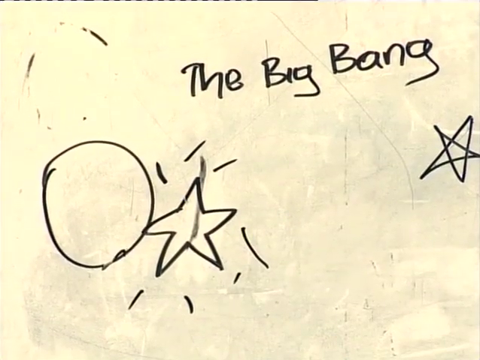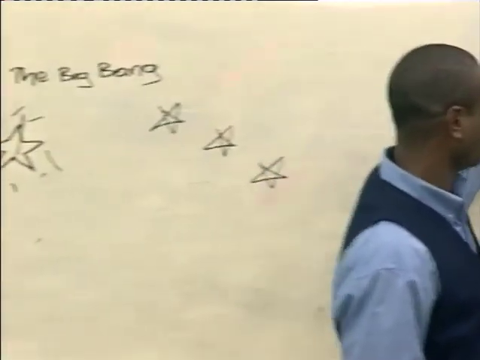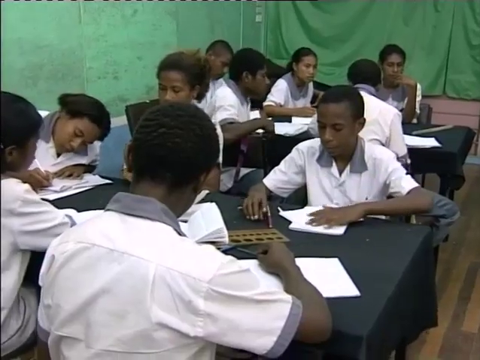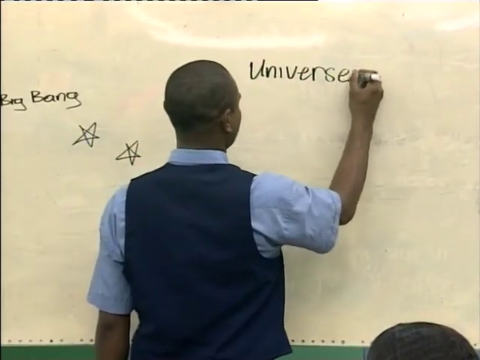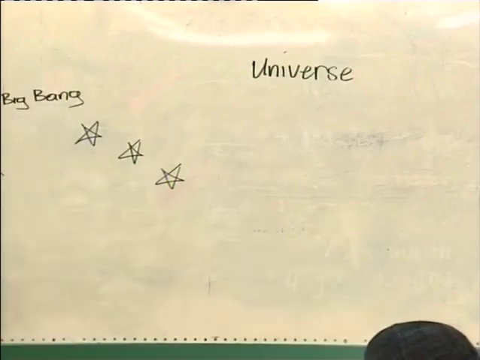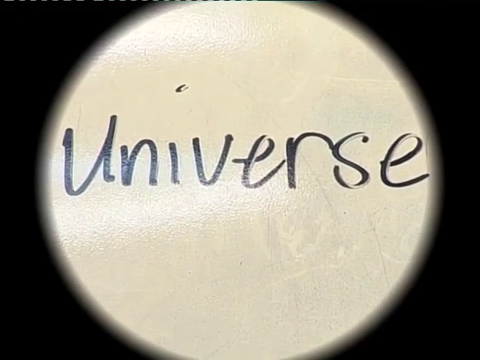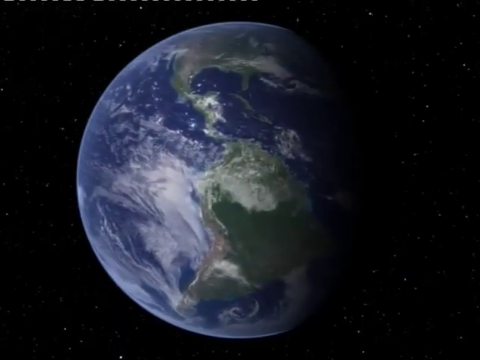Now listen carefully. There are a few words that I would like to write on the board for you. Universe. Can someone tell me in one sentence what universe is? What is a universe, or what do we mean when we refer to the universe?